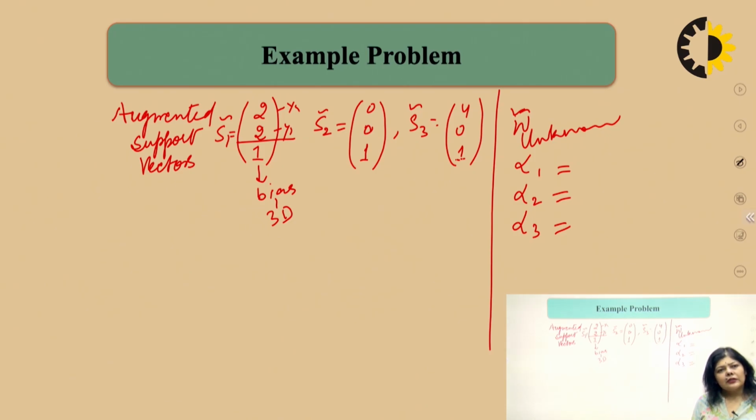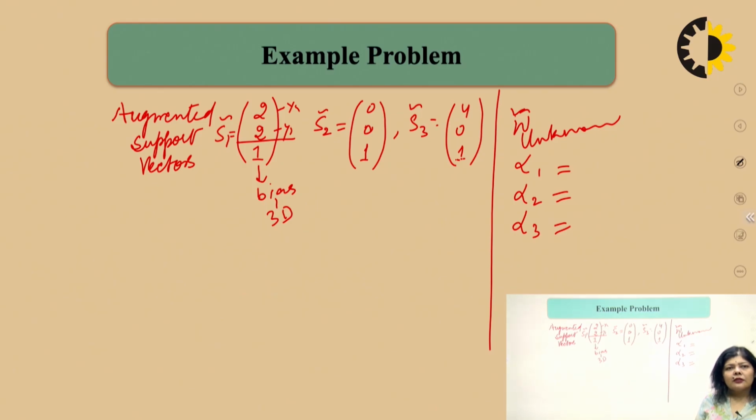Now, the next question is how to find out the values of these 3 unknown variables. We are going to do this by formulating some equations with the help of these augmented support vectors S1, S2, and S3. And by solving those simultaneous equations, we can finally find out the values of alpha 1, alpha 2, and alpha 3, right?